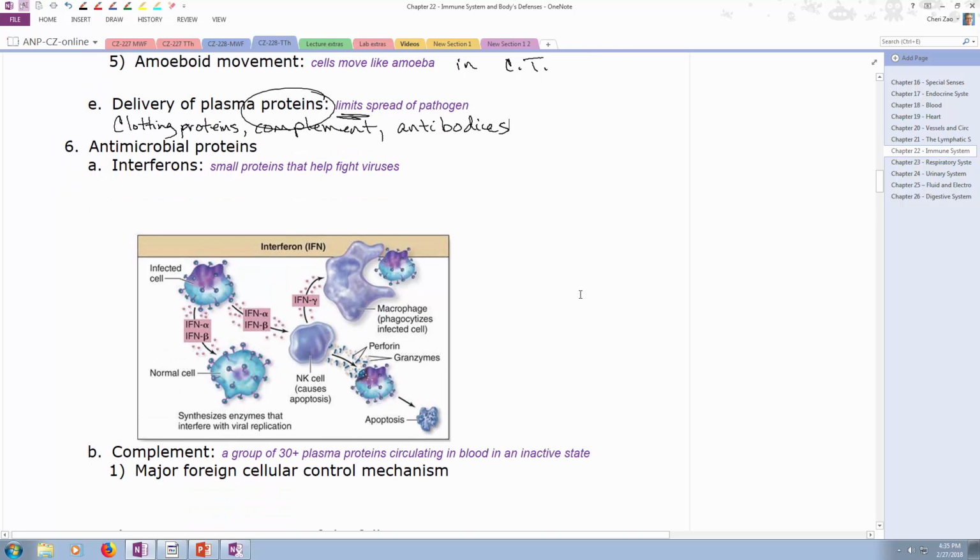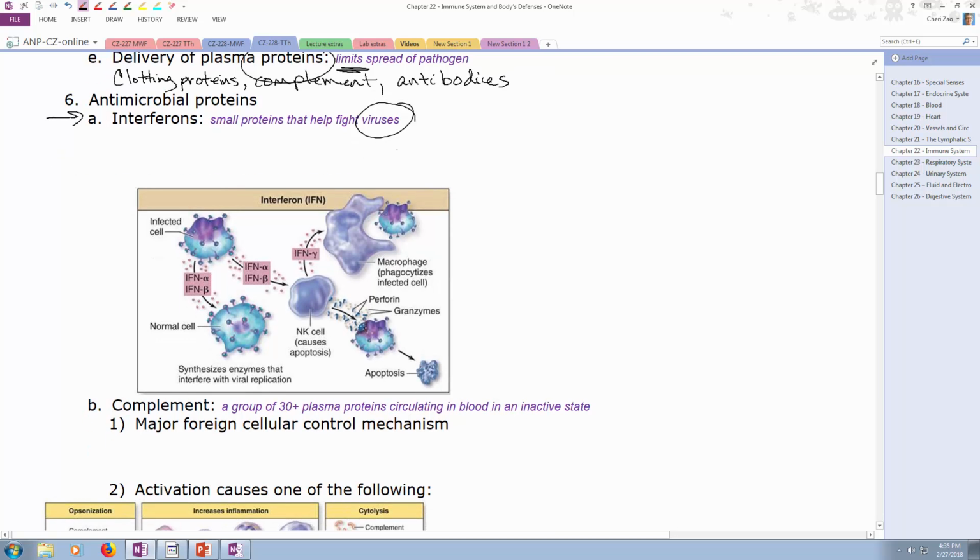There are some important antimicrobial proteins besides the ones that I've mentioned right here, and one of them is interferon. Interferon is designed to fight viruses. Complement proteins are more antibacterial. So with our interferons, what happens here is an infected cell, infected with a virus, produces interferons, typically abbreviated IFN.